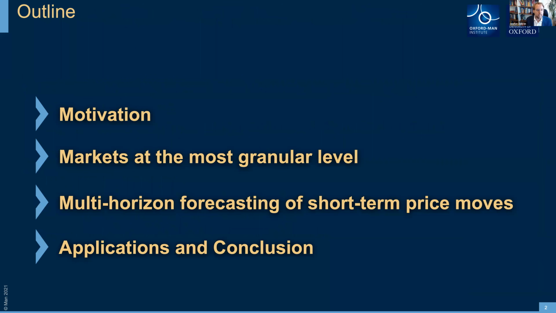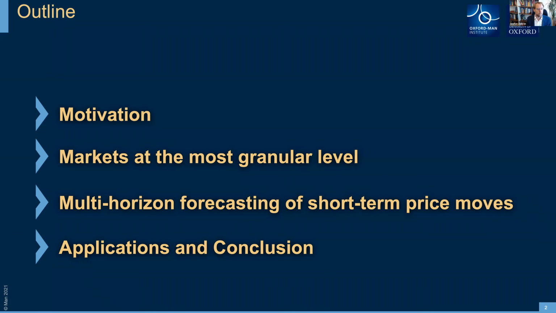So that said, let me get to the outline of the talk. I will give a very brief motivation on the techniques we use, in particular the deep learning techniques. Then I will speak a little bit about markets at the most granular level. In particular, I will give a short introduction to limit order book data. That will be very brief, just for the few of you who might not know the concepts, and for those who do, I won't take too much time with that.